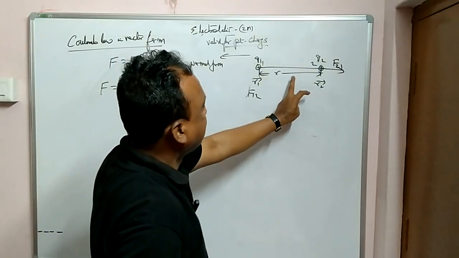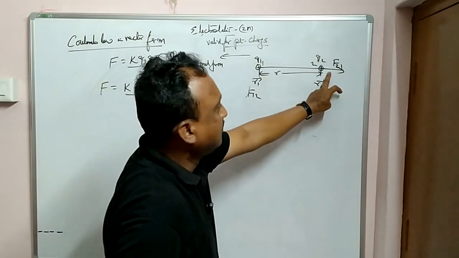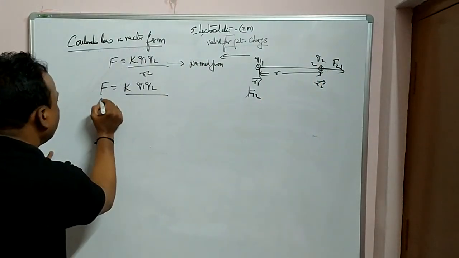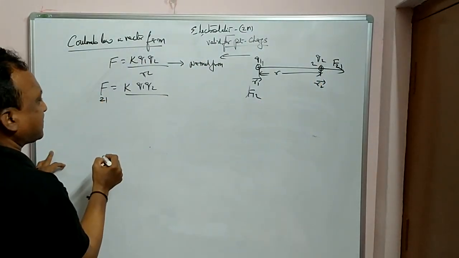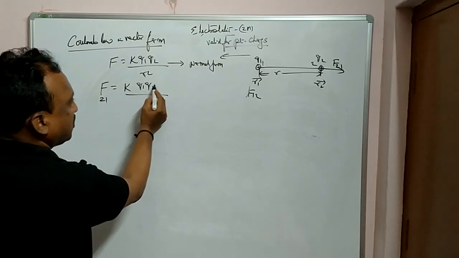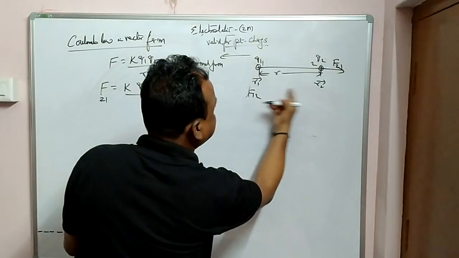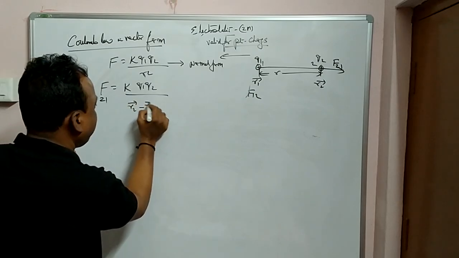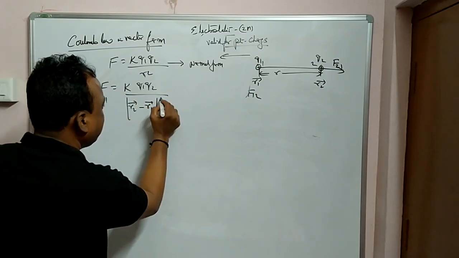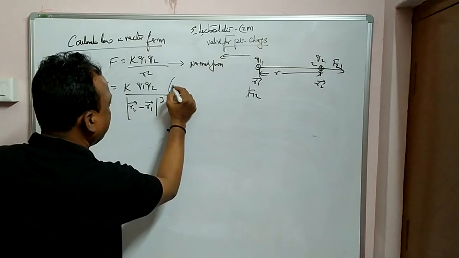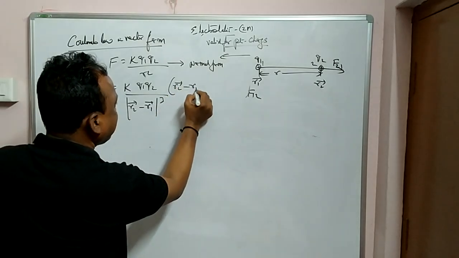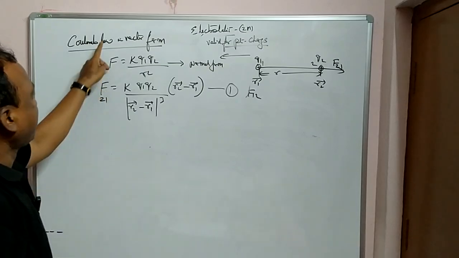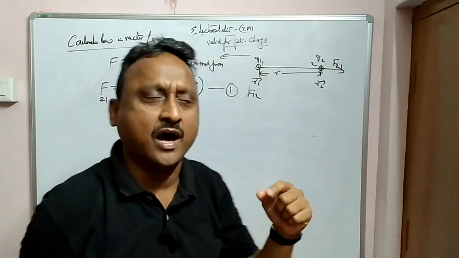Suppose you want the force on 2 with respect to 1. Then Q1 Q2 stays the same, and this distance changes: modulus of r2 vector minus r1 vector, whole cube, into r2 vector minus r1 vector. This is one form, the vector form of representation of Coulomb's law.